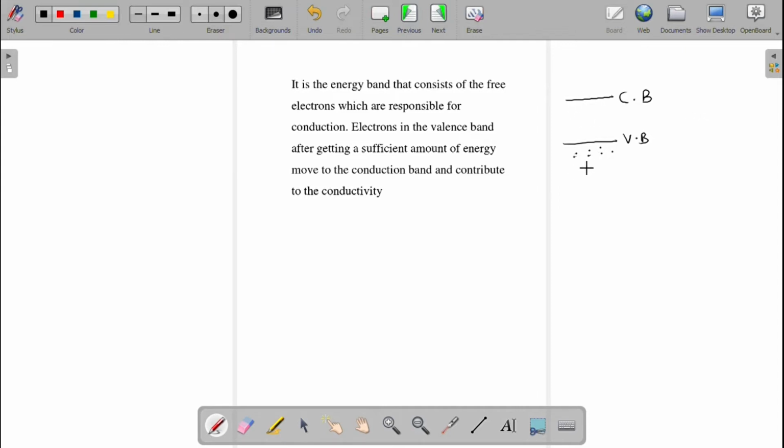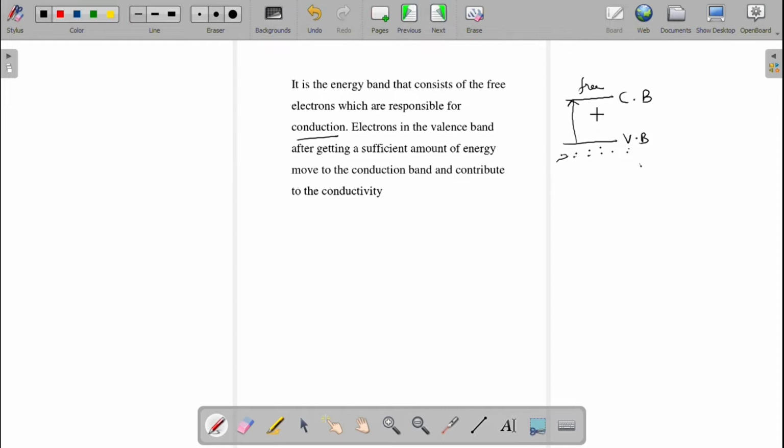If the electrons in the valency band get energy, then immediately they will go to the conduction band. So the energy band that consists of free electrons. Here the electrons are bound to the nucleus, but when they go to the conduction band, they become free. Okay, so the band which consists of free electrons is responsible for conduction, I said, and those electrons are called conducting electrons.